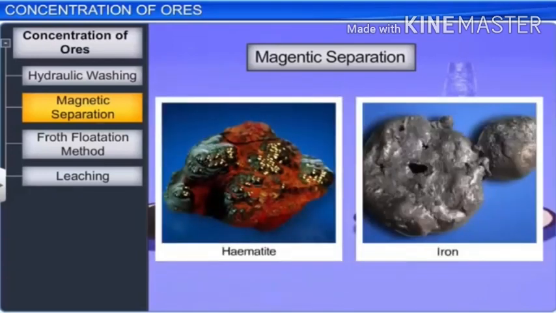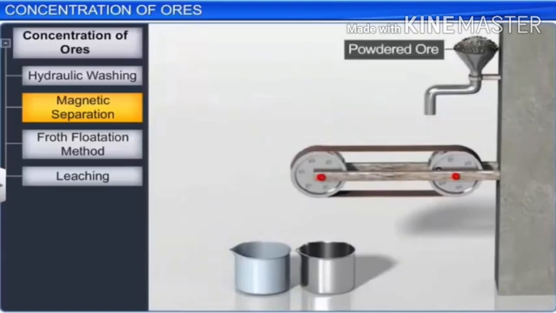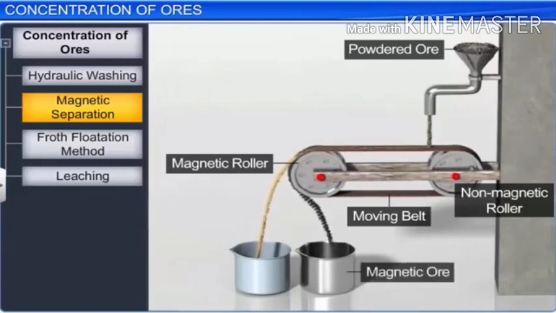For example, for separation of iron from the ore hematite, we can use magnetic separation. Here, the iron is attracted towards the magnet while the impurities present in it won't be attracted towards the magnetic field.